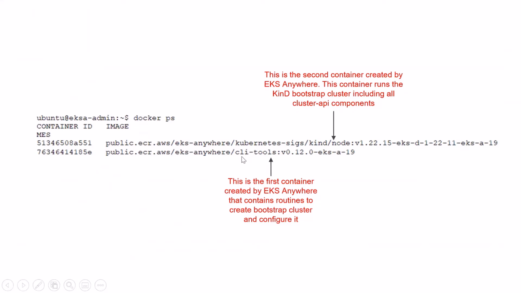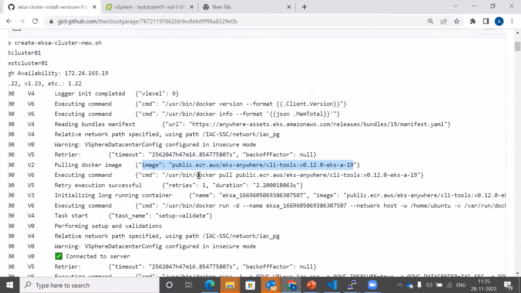All those CLI tools are bundled into this particular image so that EKS Anywhere software can do a Docker exec into this and run all those CLI utilities to create whatever is happening as a part of the overall effort actually. So this is the point at which it pulls the Docker image and builds that particular container.